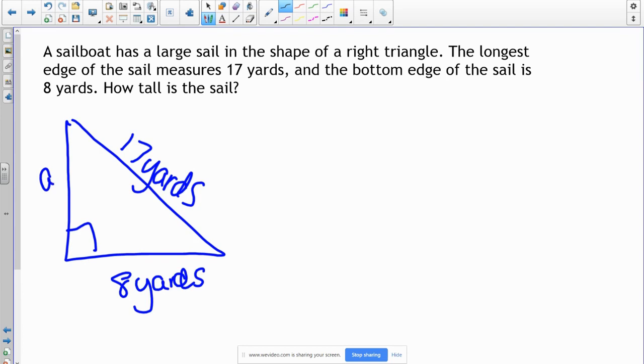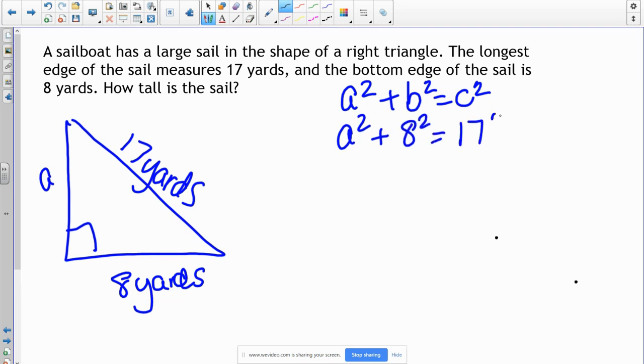We'll call that a. So now that I got set up and I'm drawn and I can see it, I'm going to go a squared plus b squared equals c squared. My unknown is a squared plus, remember, my b is one of my legs. That's going to be 8 squared, and that equals 17 squared. So 8 squared is 64. 17 squared is 289.